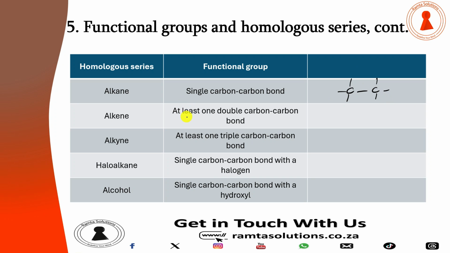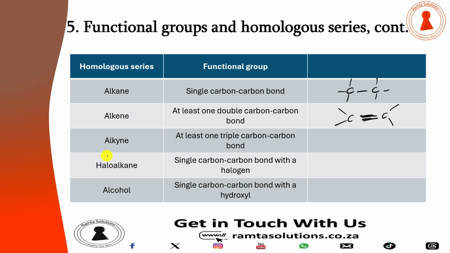Now, alkenes: its functional group is at least one double carbon-carbon bond. So in other words, they can be like this. Remember, guys, they can have more than one double bond, so I'm saying at least one double carbon-carbon bond.